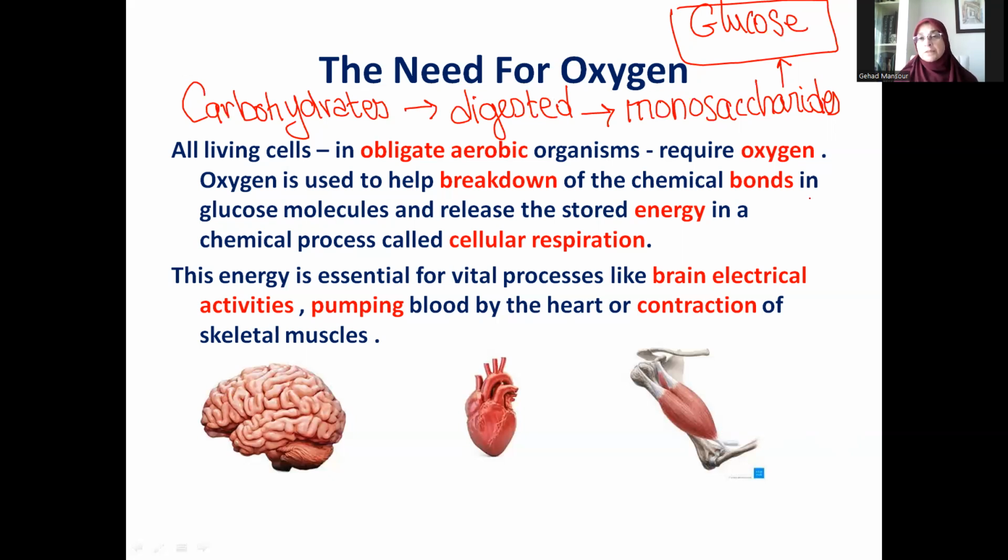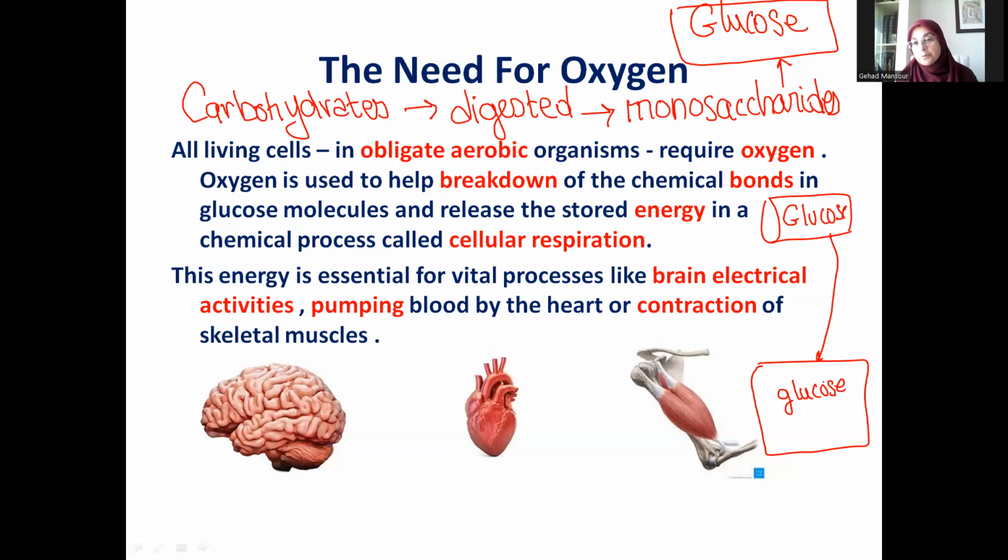Glucose is present in your blood after having been digested and absorbed in the small intestine. Glucose reaches the blood, and then glucose will pass into the cell in order for the cells to be capable of extracting the energy in glucose.